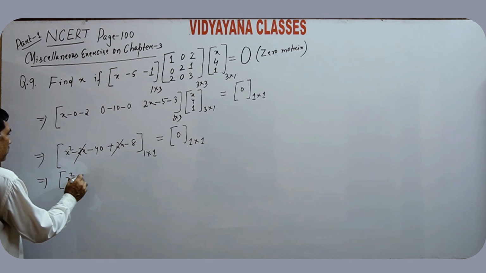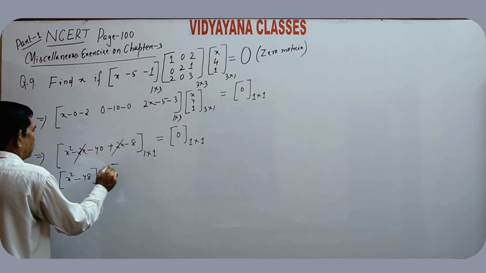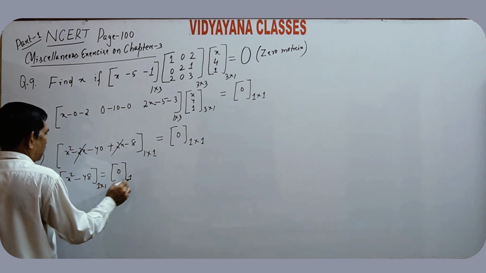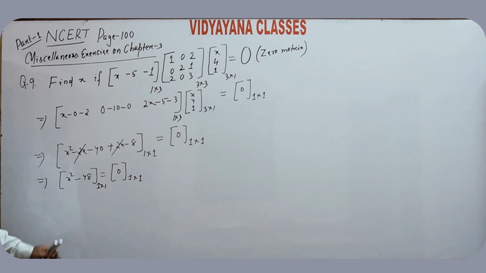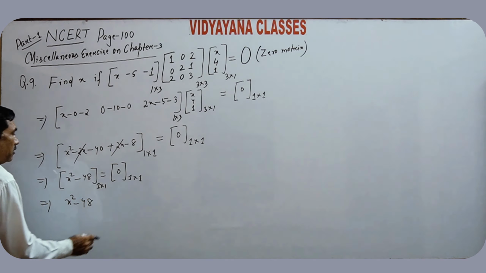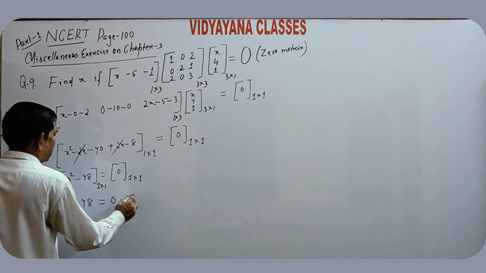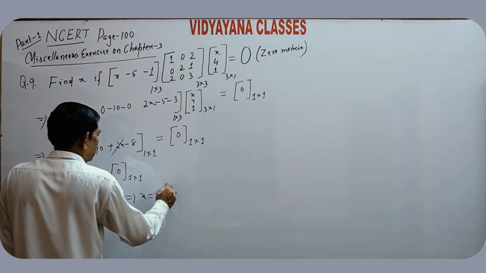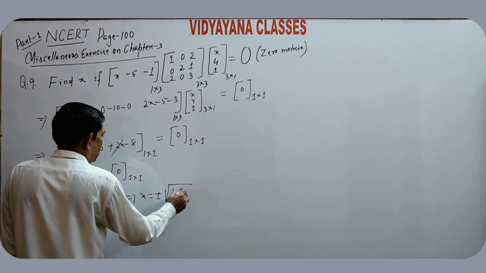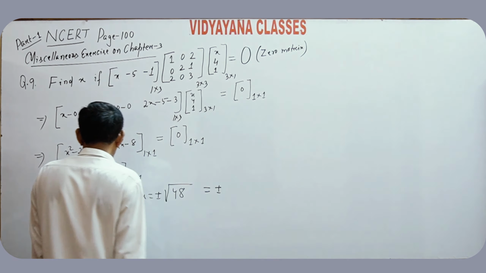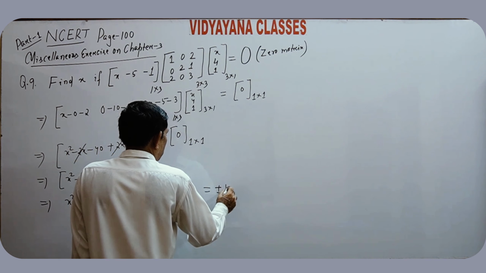X square minus 48 is equal to 0 matrix of order 1, which implies x square minus 48 is equal to 0, implies x is equal to plus or minus square root of 48, which is same as plus or minus 4 root 3.